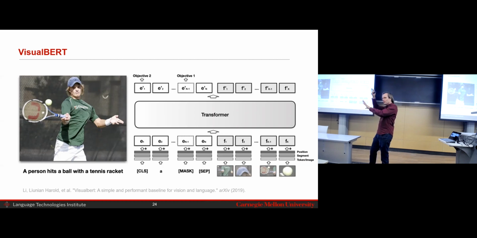So you want to have that relative information between objects. Usually the absolute is not important, but the relative is important. I forgot if VisualBERT had it, but definitely later on the relative position between objects was encoded as well.